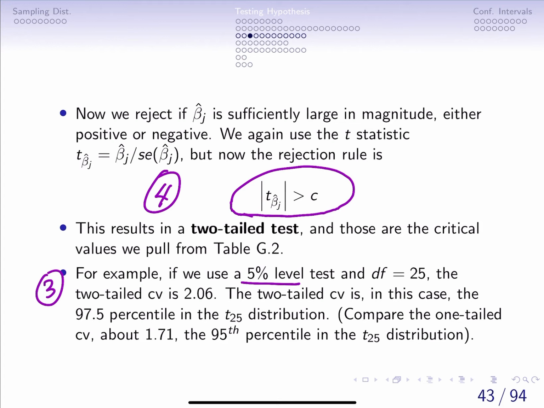Whenever we have a two-sided test, we use a rejection rule which says that the absolute value of the t-statistic should be greater than the critical value, for whatever level of significance you are carrying out the test.